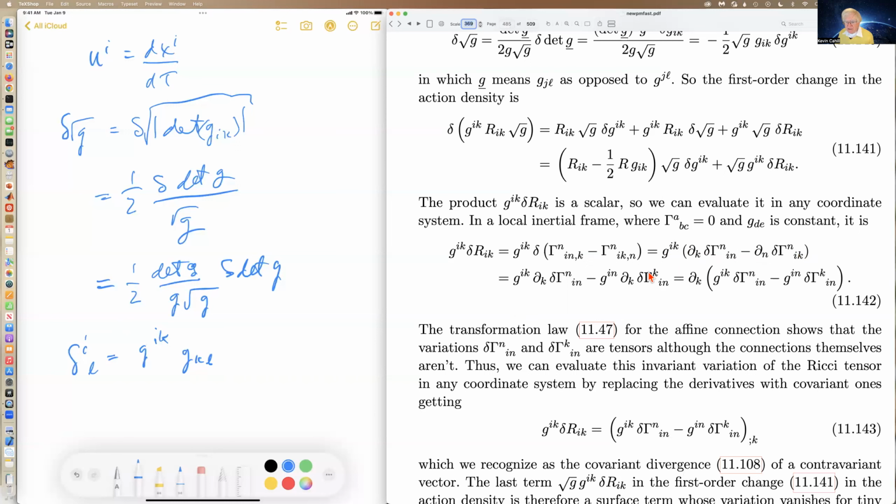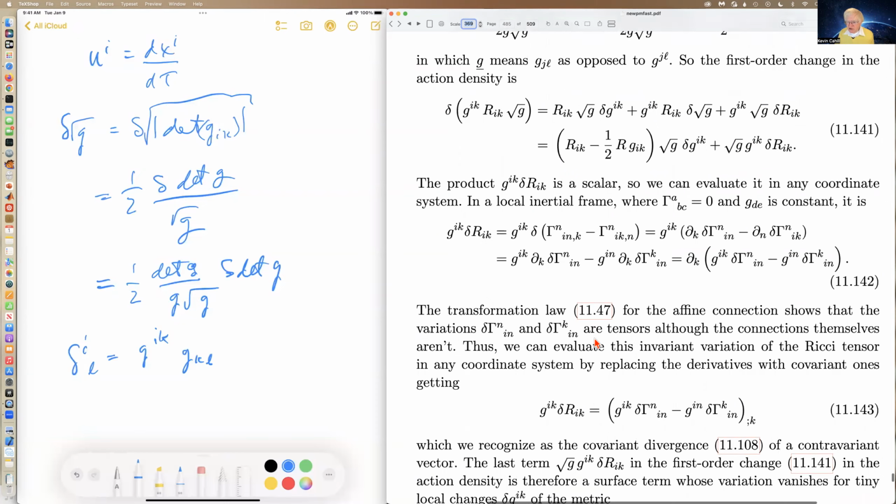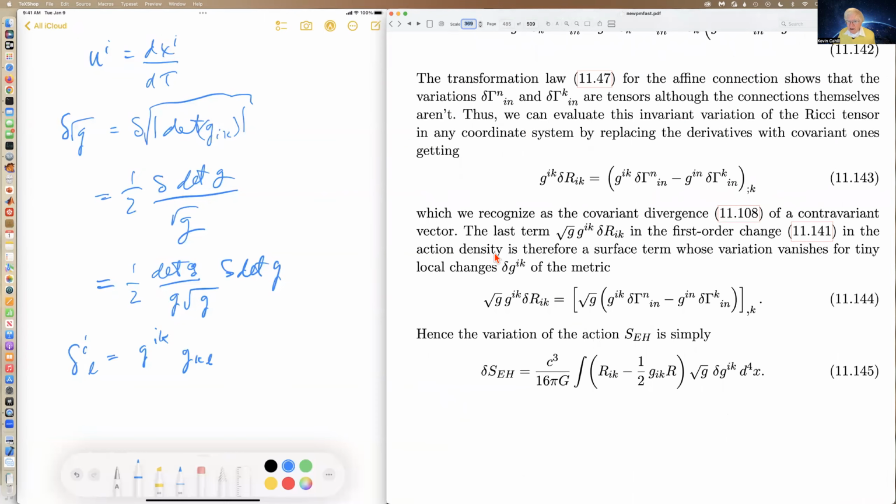Then we have this expression here, and changing the names of dummy indices, we get to write this as something like a divergence. Now, if we didn't have a square root of g there, we could just say this is a total divergence or surface term, and we throw it away. Well, because of this square root of g, we have to do a little more work. I'm going to skip the work here.